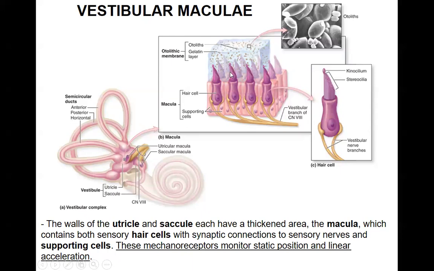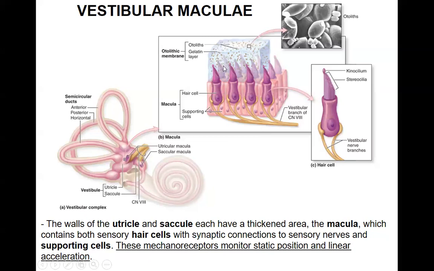Now, on the inside, what is present is called the otolithic membrane. It's made of proteoglycans that swell in water, and it contains calcium carbonate particles. The ear sand that people talk about is there.